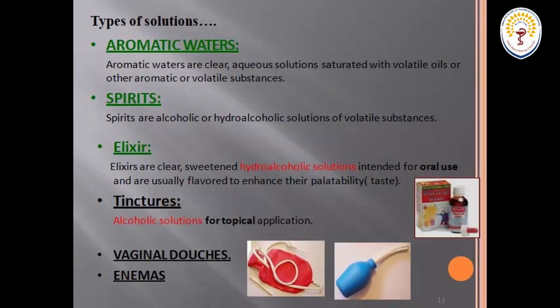Enemas are mostly used for the following reasons: to relieve symptoms of constipation, to cleanse the rectum and lower intestine in preparation for examination, to remove feces to prevent contamination during a surgical process, or to administer anesthetic drug to a patient.